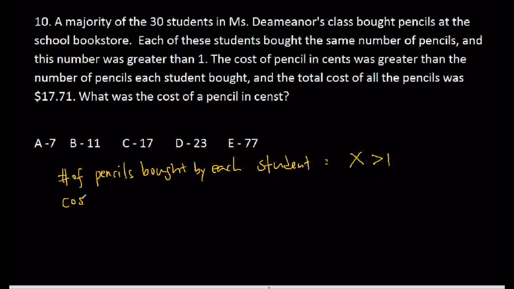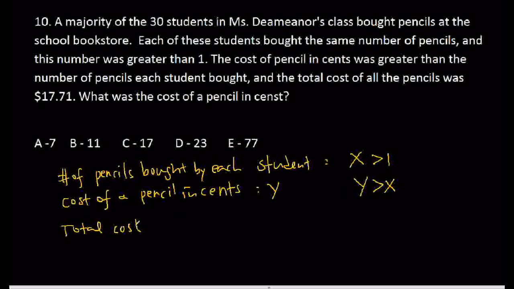So let's say the cost of a pencil in cents is equal to y. And it says y has to be greater than the number of pencils bought, x, right? And the total cost is given. So the total cost is 17.71, right? $17.71.